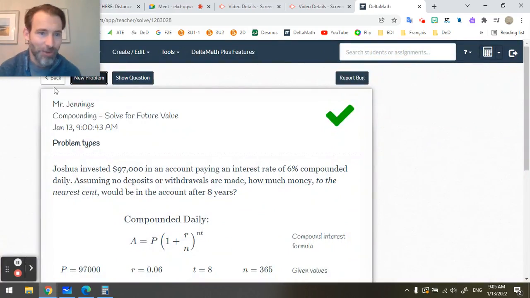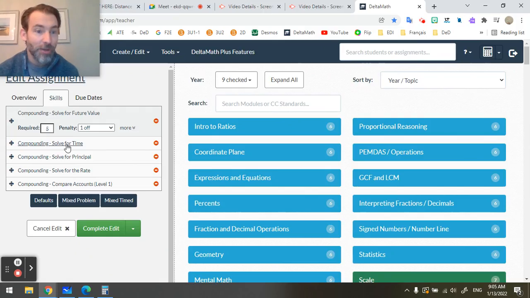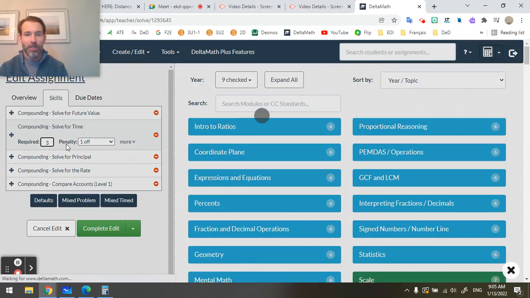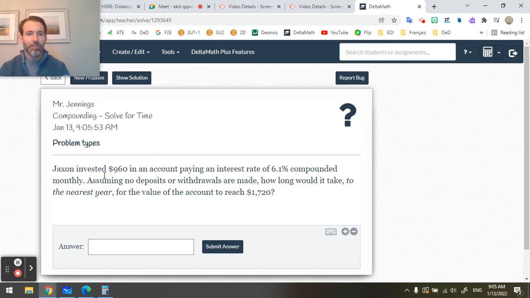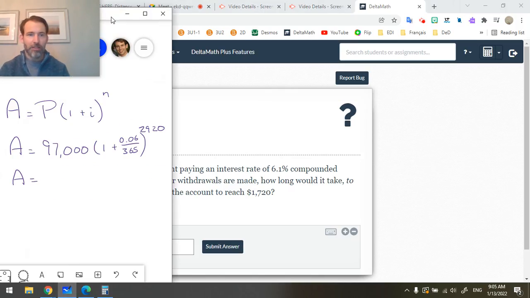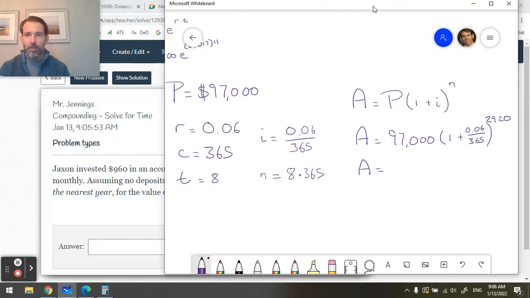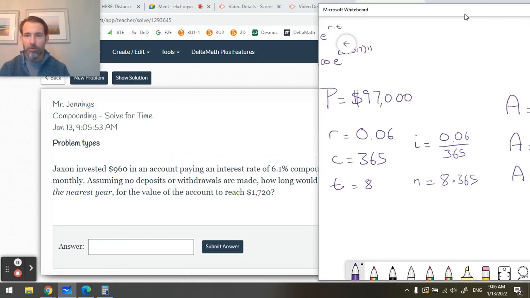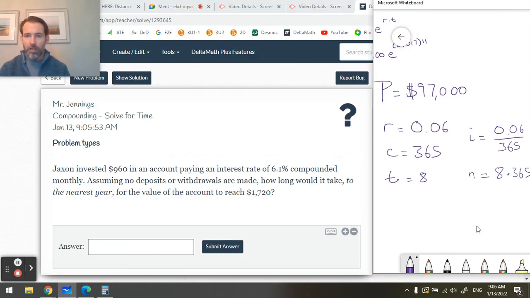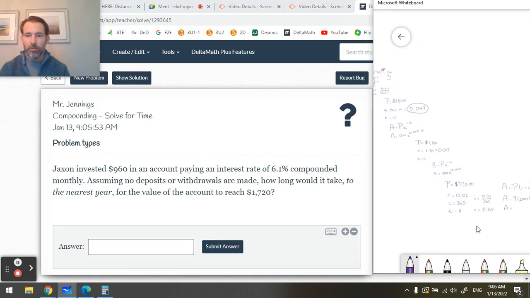Let's take a look at some other question types. Solving for time. All right, so let's do some solving for time here. All right, Jackson. He's got a very cool X in his name. So we're going to gather our numbers.